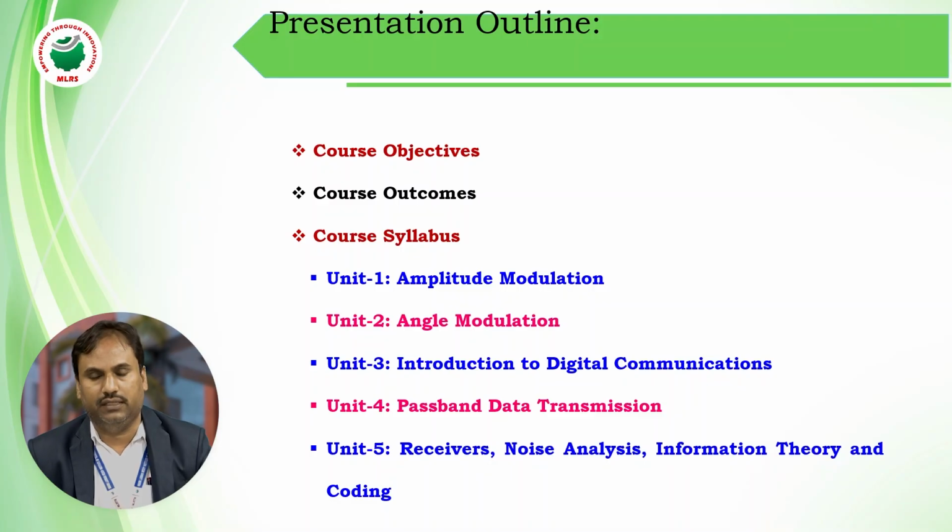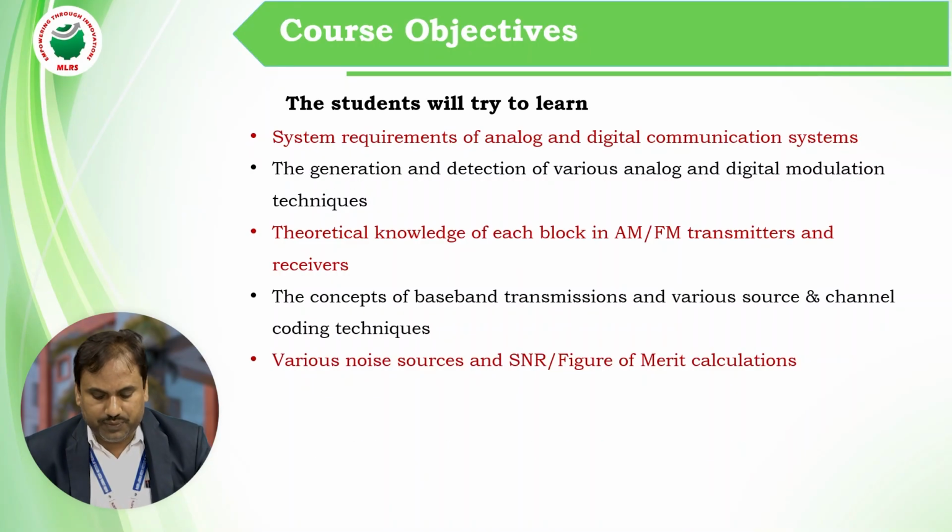Now we'll begin with what a communication system is. These are the course objectives: the system requirements of analog and digital communication systems, that is the main objective. What are the requirements, and the generation and detection of various analog and digital modulation techniques? Where are we using modulations, and where are we using demodulations? How to generate a modulated signal, and how to detect the demodulated signals.